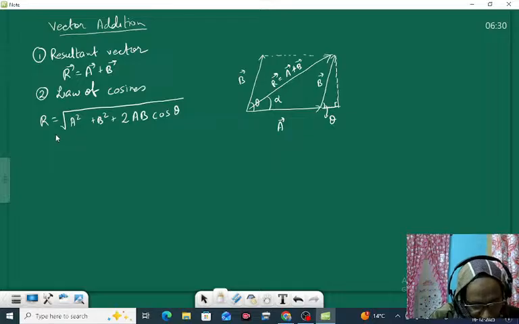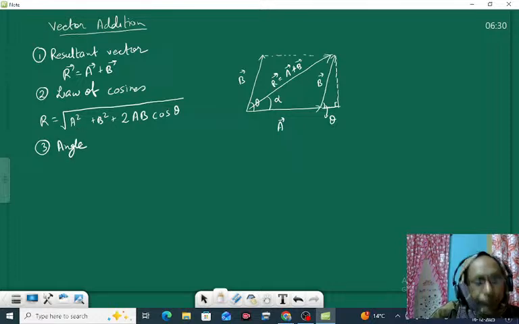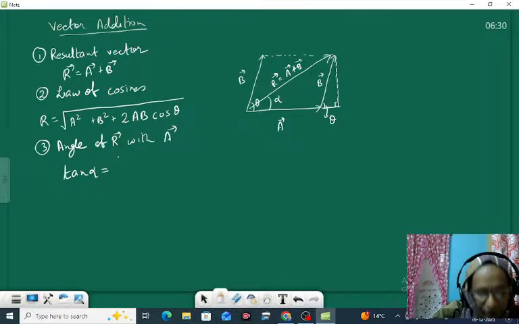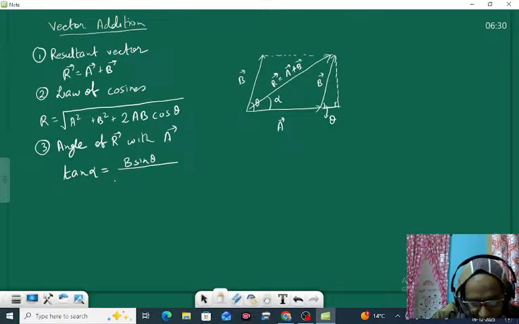And if we find the angle of R from A, number 3: we want to find the angle of R vector with A vector, then it gives us a formula that tan alpha is equal to b sin theta divided by a plus b cos theta.